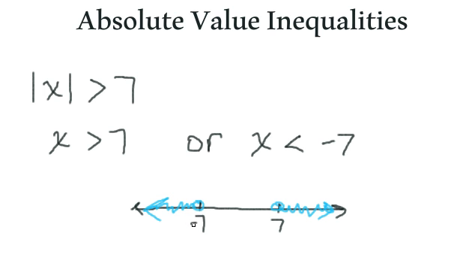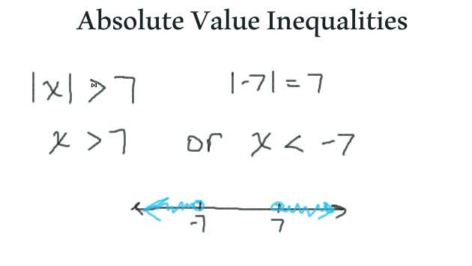But let's just say we did choose negative 7. If I were to plug negative 7 up here, so I put negative 7 in, we'll just do it right over here. So negative 7, what is the absolute value of negative 7? Well, the absolute value of negative 7 is 7.